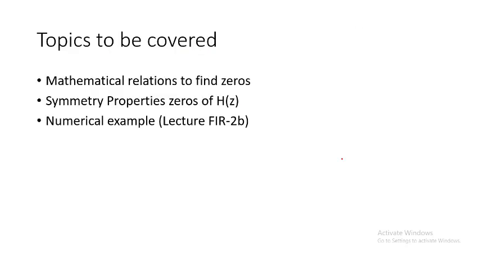Today's video, this particular topic, we have divided into two parts. In the first part, part 1, we'll be discussing the mathematical relation to find the zero locations of FIR filters. The second part will be a different video, a continuation of this topic, where we will take one numerical example and try to solve it.